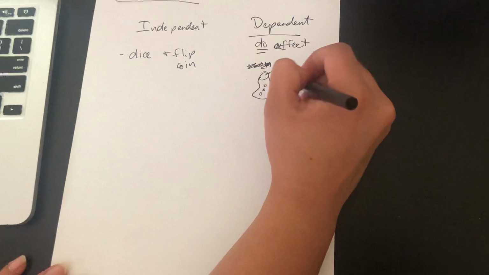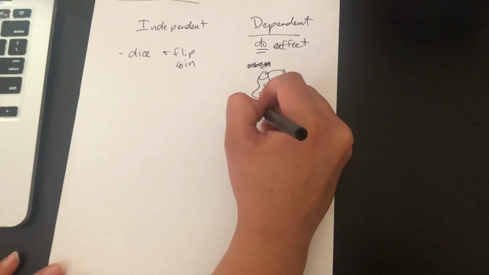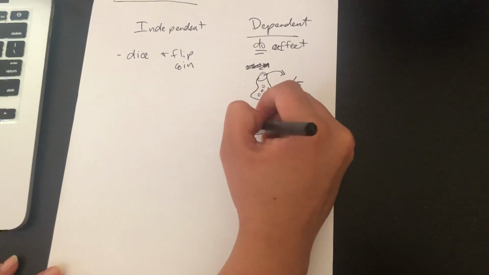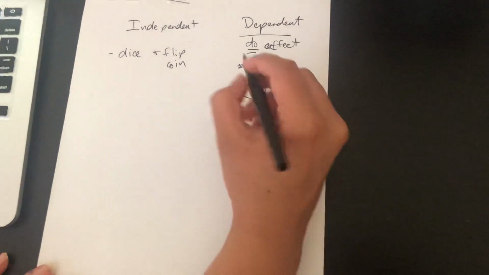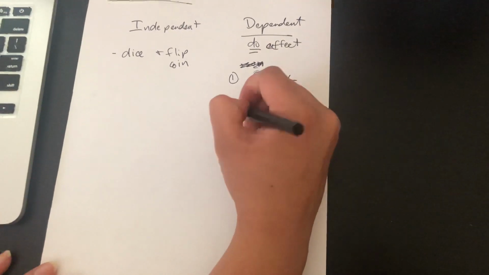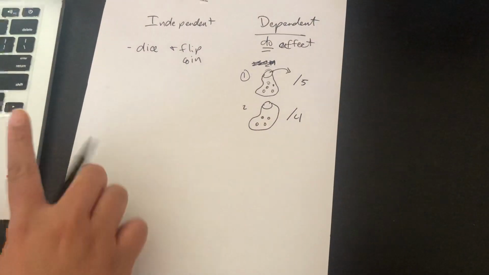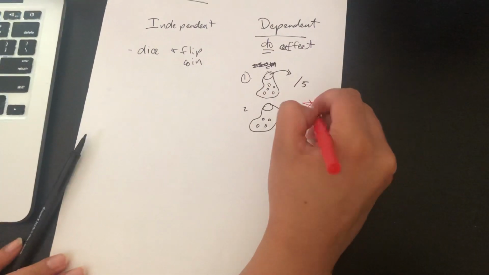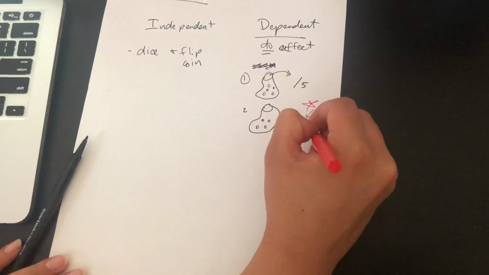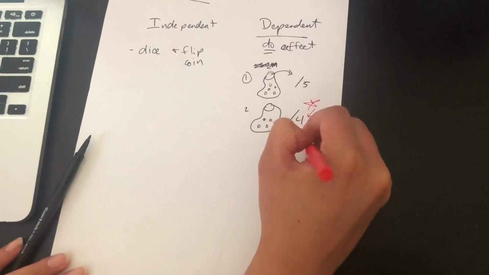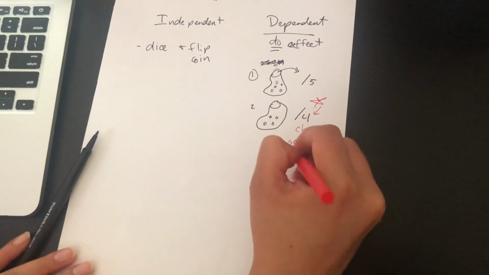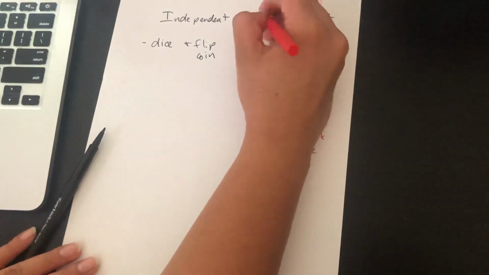Originally I had it out of 5, but after I take that marble out of the bag, there's only 1, 2, 3, 4. So on my first event, it was out of 5. On my second event, it's only going to be out of 4. And because I changed my sample space, that's what makes it dependent.